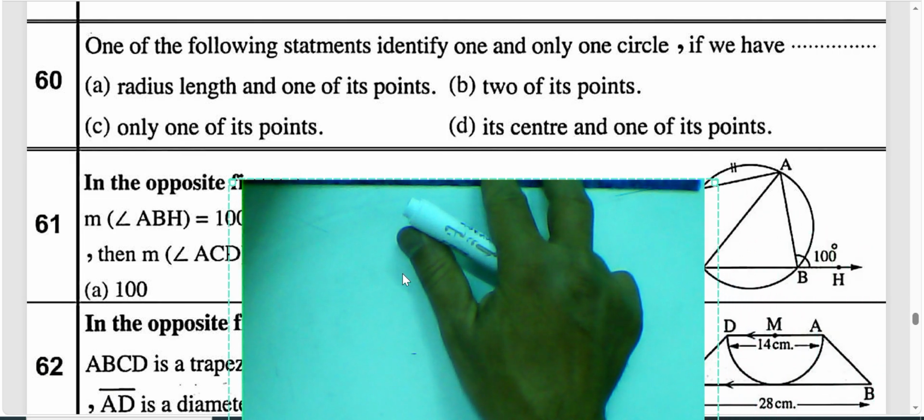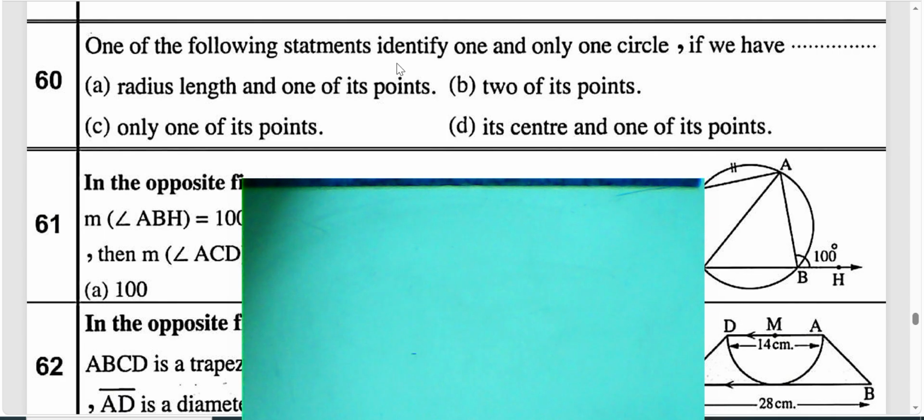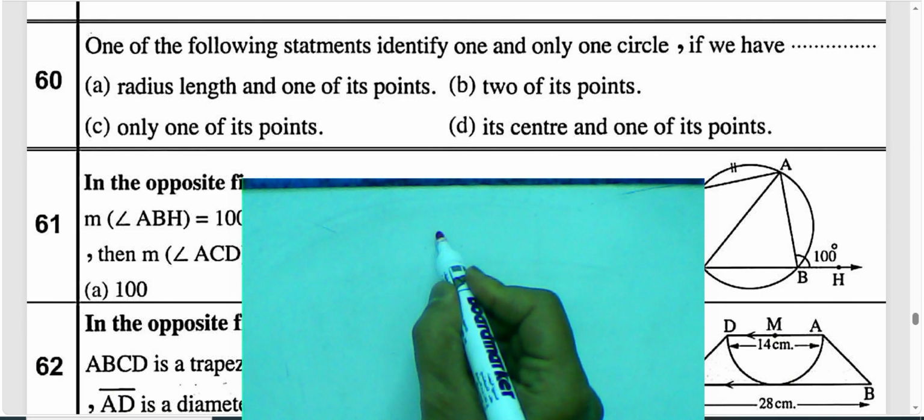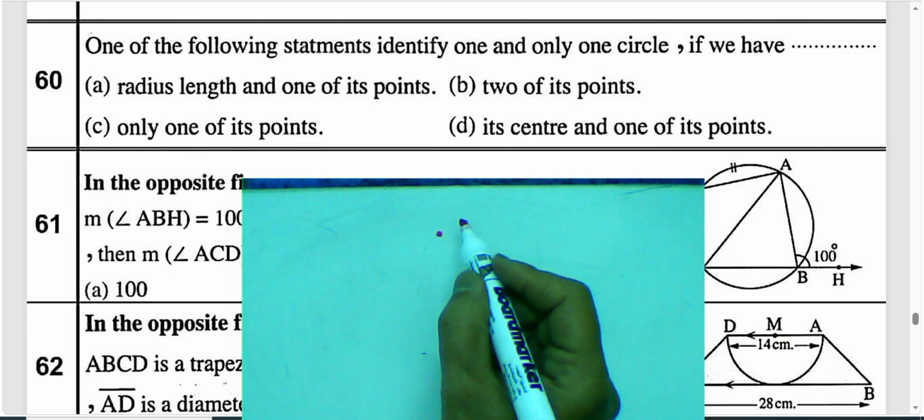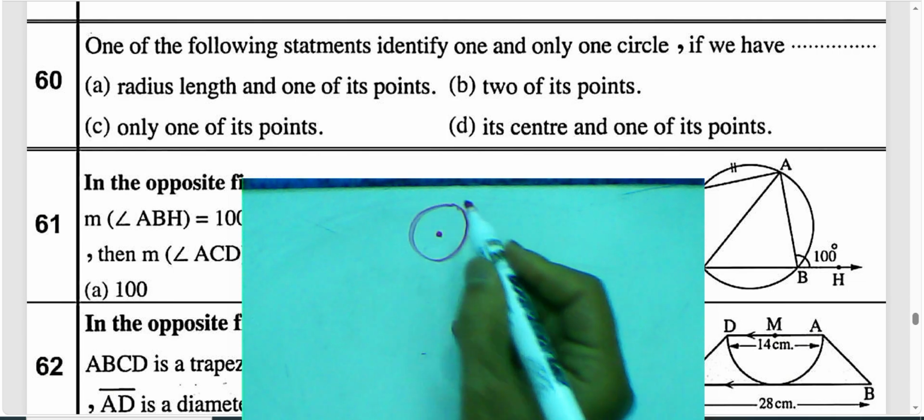If we have the center of the circle and one of its points, like this, it identifies one circle. We can choose letter D.